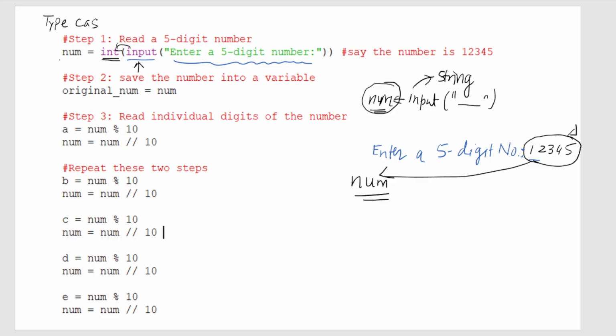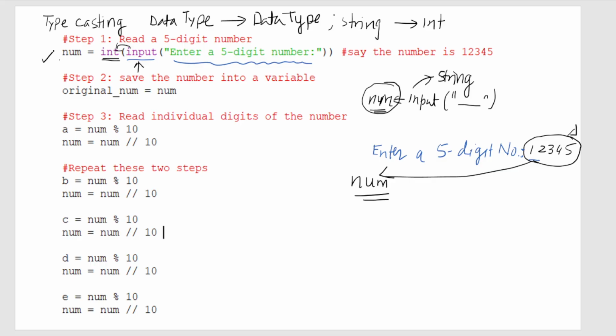Typecasting means you are converting from one data type to another data type. In this case, the first data type is string, and the next data type is integer. So this is what we have done in this one step.